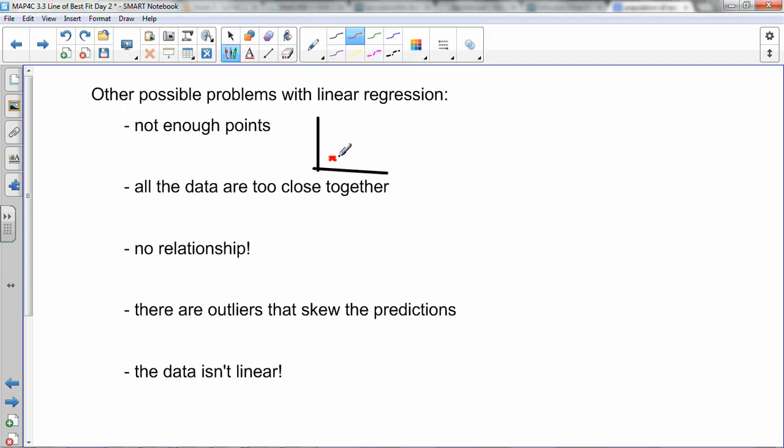It looks like we've got a great line of best fit, right? There's a line of best fit and it's really, really close. But then if we survey more people, the second set of people are in blue and they don't fit the trend. But our original data was on these three. We didn't have enough points, not enough people to get a good idea of the relationship. All the data are too close together.